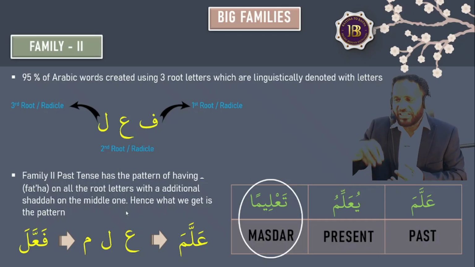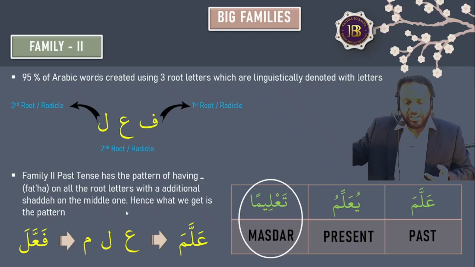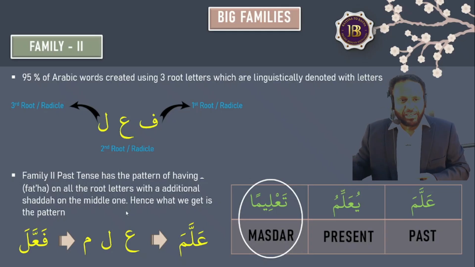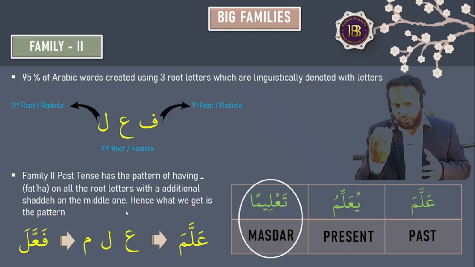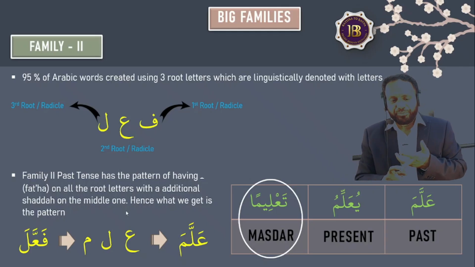So in English, the masdar will generally be translated to verb or having ing or sometimes having ION, like aslama means to submit. Aslama is a different family, but anyway, aslama का जो मजदर है, उसका to submit का जो मजदर है, वो होगा to submit या submitting या submission.